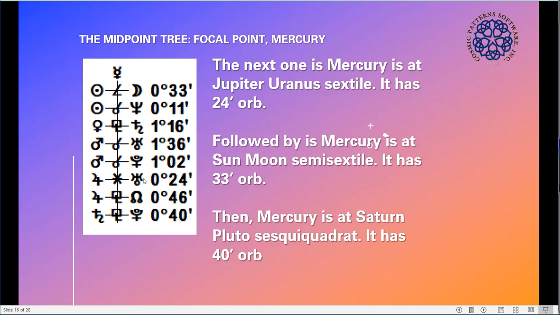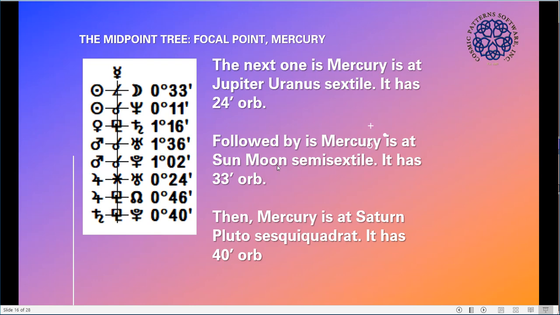The next one is followed by Mercury at the Sun-Moon semi-sextile. It has a 33 minutes orb. Then Mercury is at the Saturn-Pluto sesquiquadrate. It has a 40 minutes orb. So these are all very, very strong.